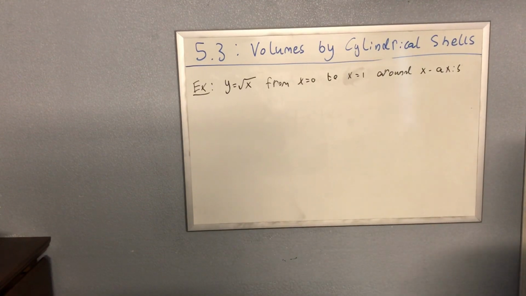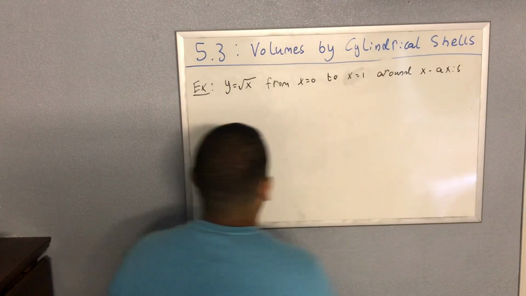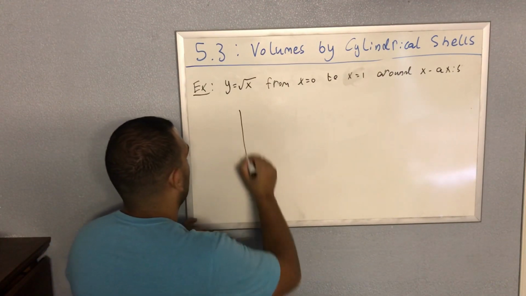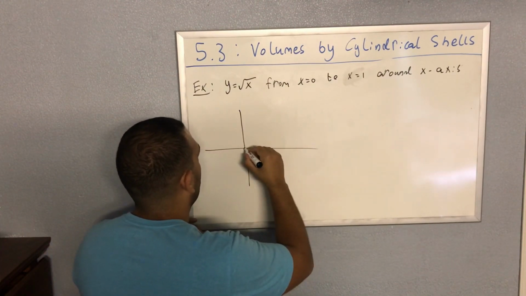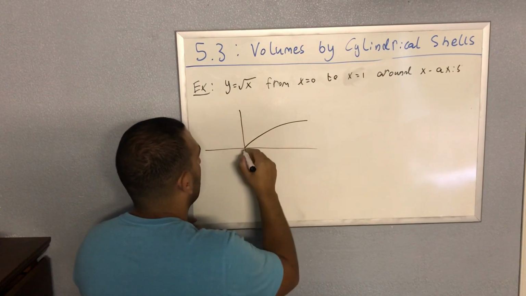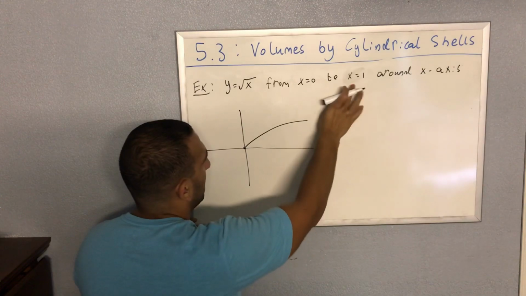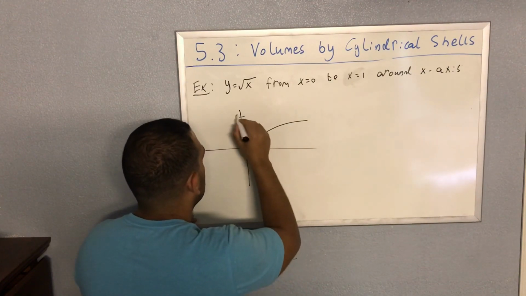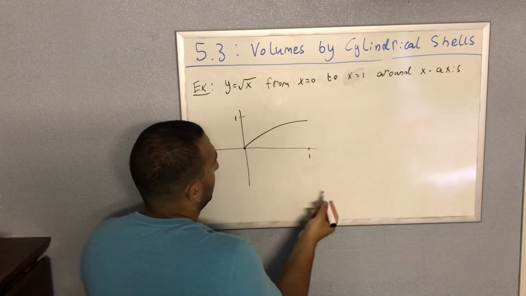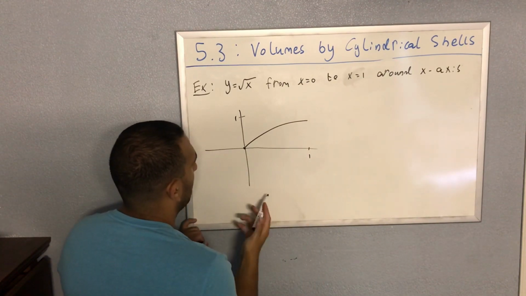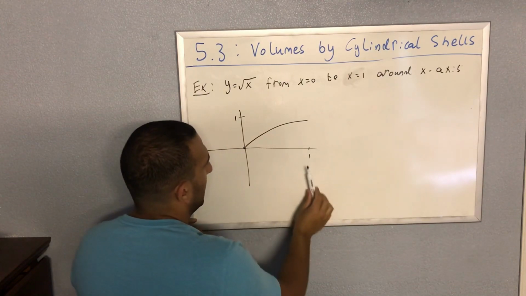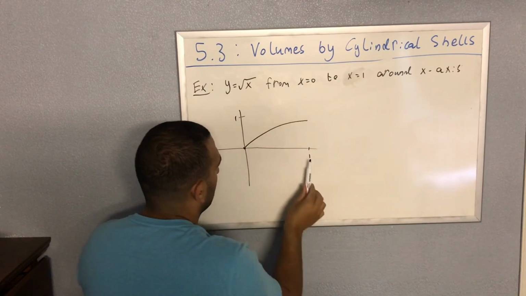So this is our example. So remember that we've done this one before. It's going to be the square root of x, like this. If you stick 0 into this guy, you get that. If you stick 1 into it, you get 1. So this is 1 unit up. When you're 1 to the right, you're 1 up. And then x equals 0, remember, is just this line, aka the y-axis. And x equals 1 is the vertical line 1 unit to the right.